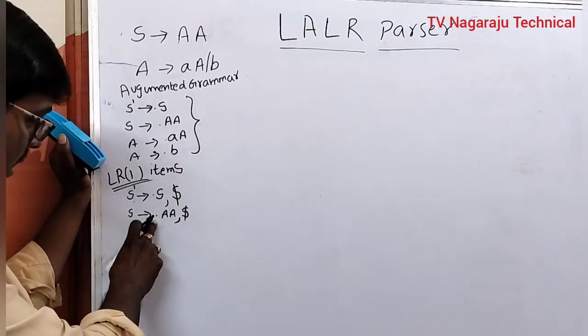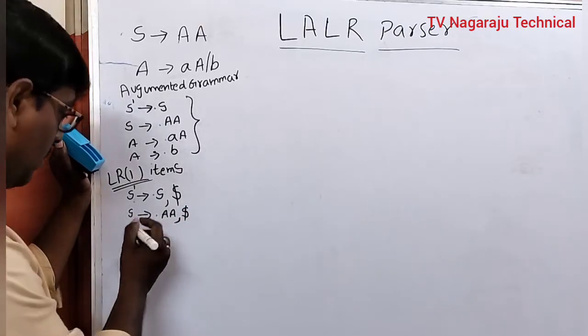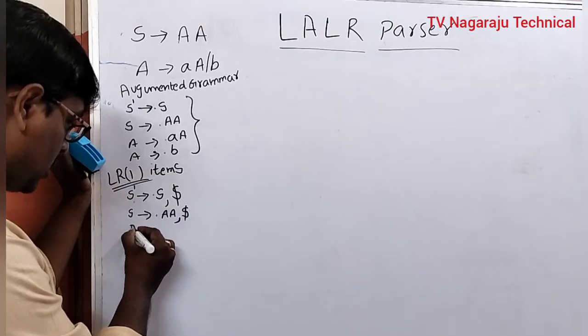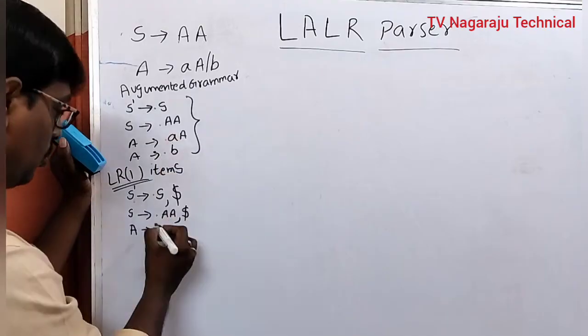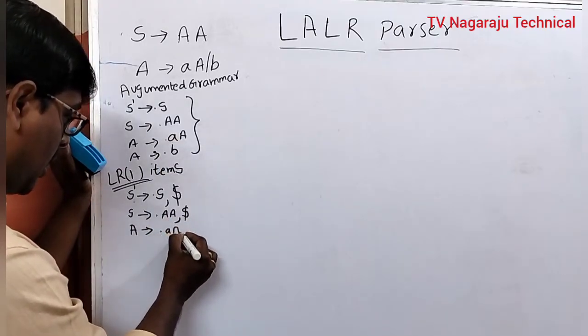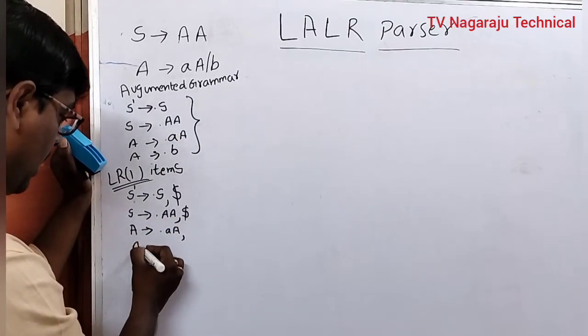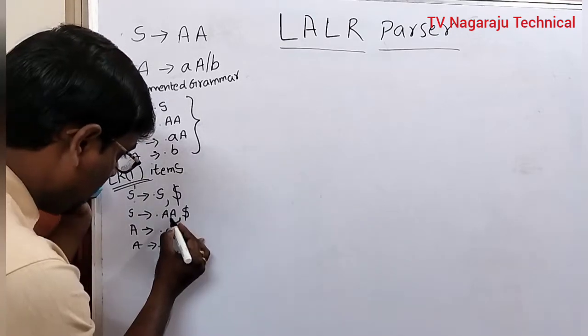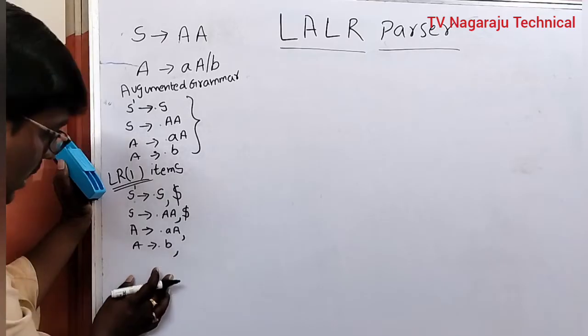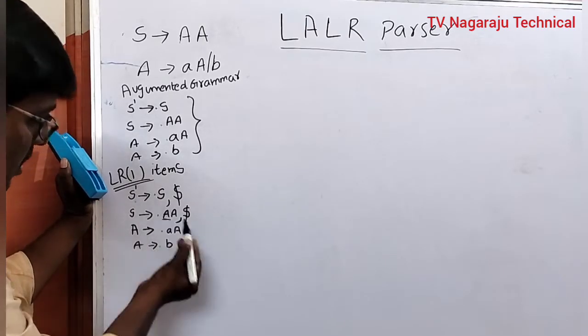Now here dot A, again we have a non-terminal. Write down the productions of A. So these are the two productions, A tends to dot aA, comma, A tends to dot b. What are the look ahead symbols? Simply first of, we are generating these productions because of this one.